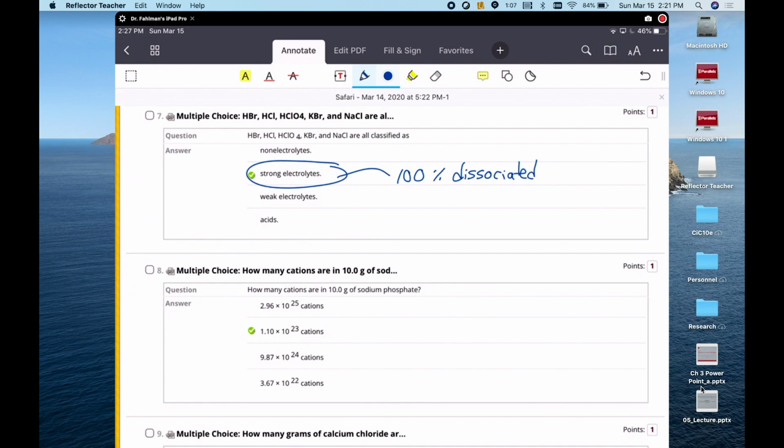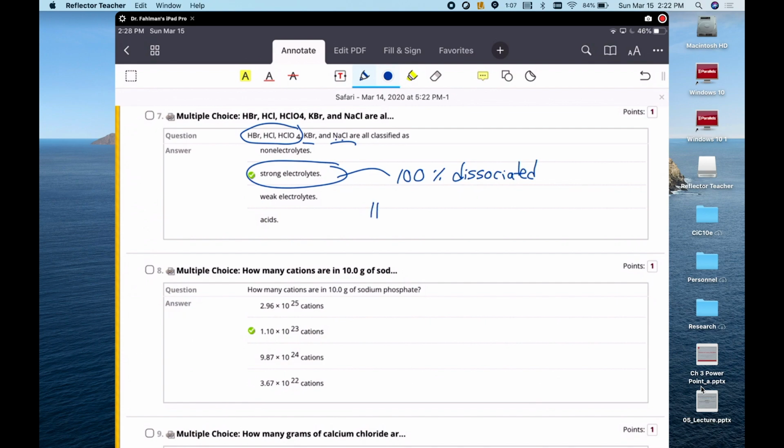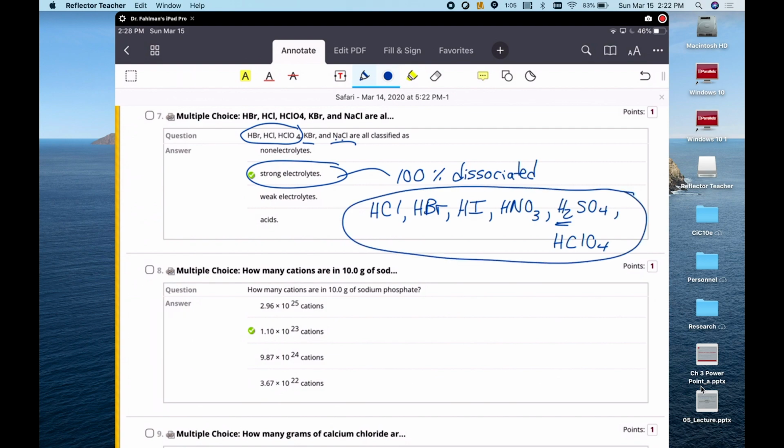This is a salt, a metal with a nonmetal, and those will break up into sodium plus, Cl minus. Same with that. And these are all strong acids. Remember the strong acids are HCl, HBr, HI, and then nitric, sulfuric, really the first proton of that, and perchloric. Just those 6 are strong.